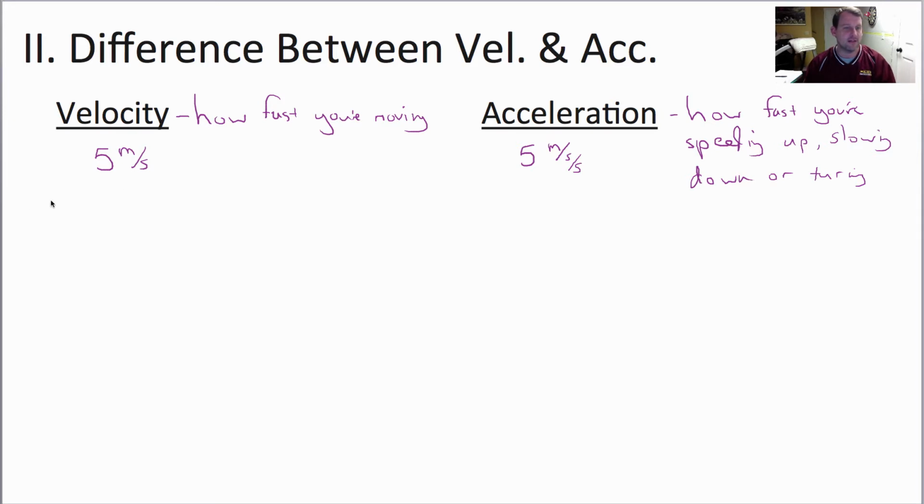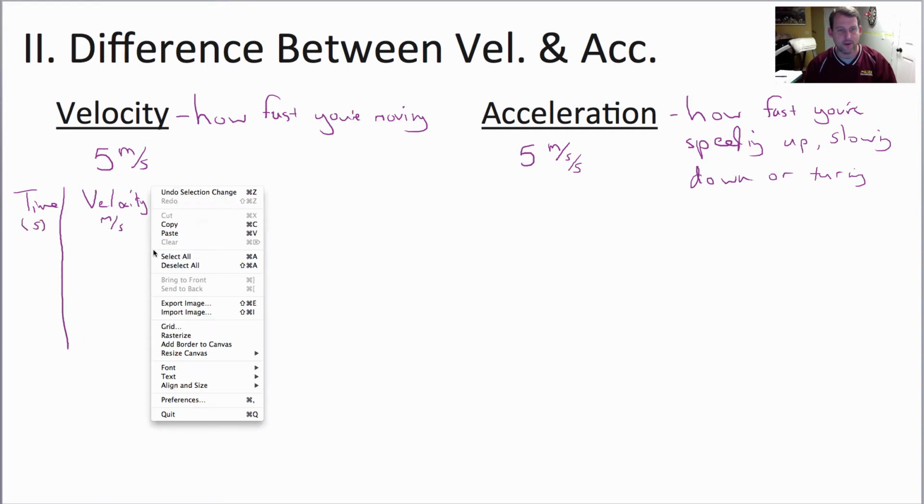Now let's look over here at velocity and say, well, let's monitor what happens during time. So we'll do a time, velocity, and distance table. And let's take a look at what happens.